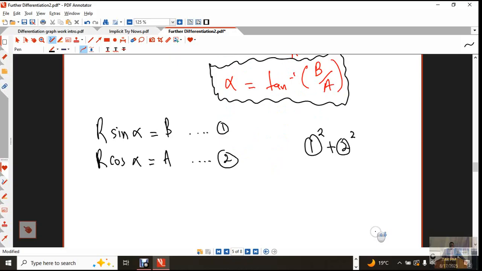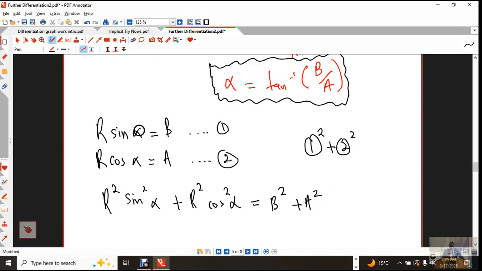So this implies that if I look at my left-hand side, I'm going to have r squared sine squared alpha, plus r squared cos squared alpha, and that should equal b squared plus a squared.